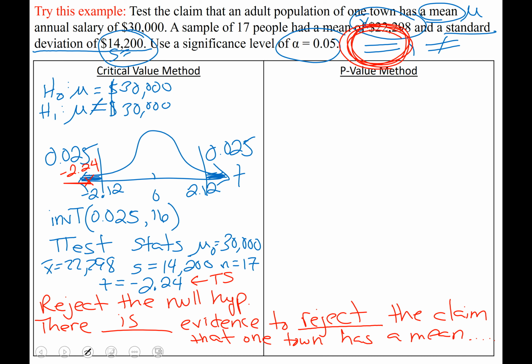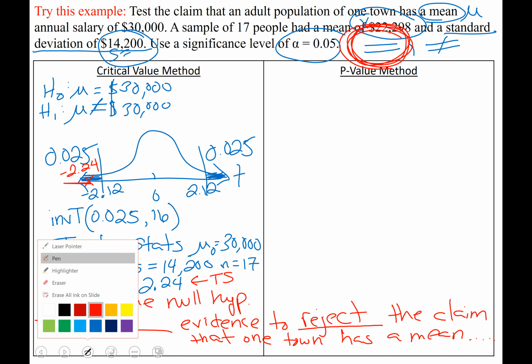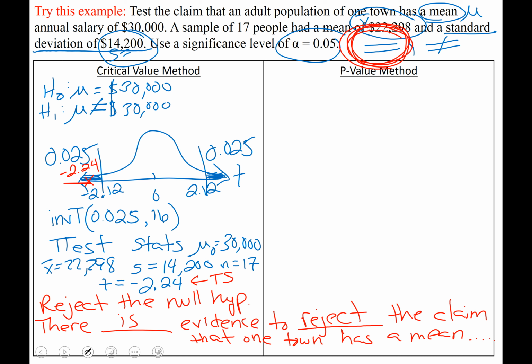Okay, I'm going to go back to blue and point out the similarities as well as the differences in the p-value method compared to the critical value method. So they start the same.